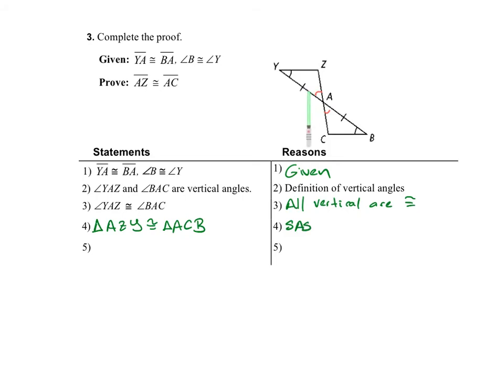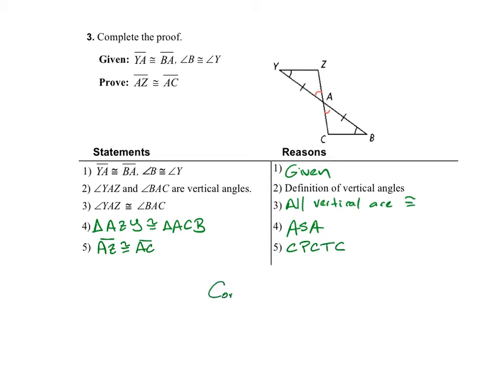So angle, side, angle. So let's change that. Angle, side, angle, by angle, side, angle. So now I can tell that segment AC is congruent to segment AC because corresponding parts of congruent triangles are congruent.